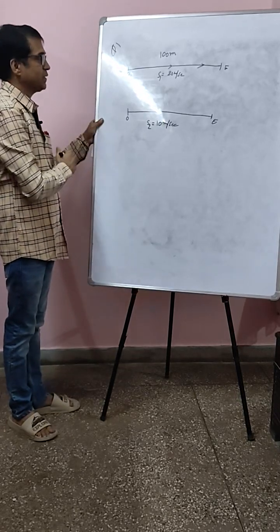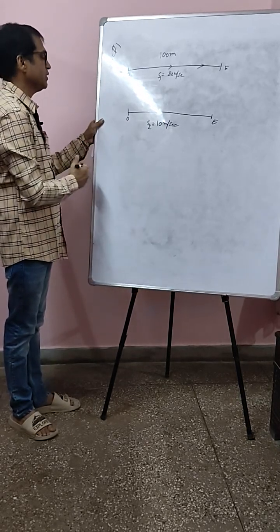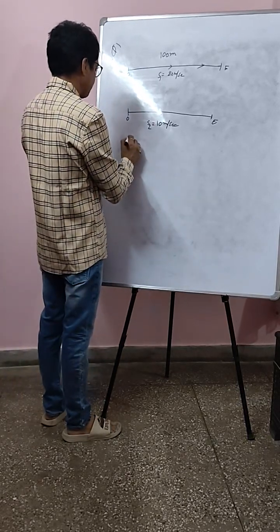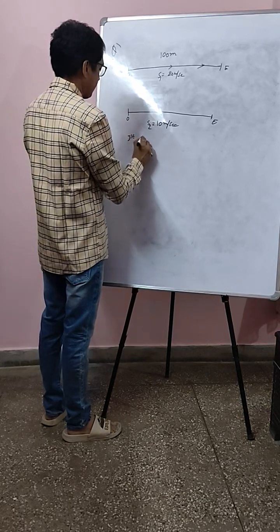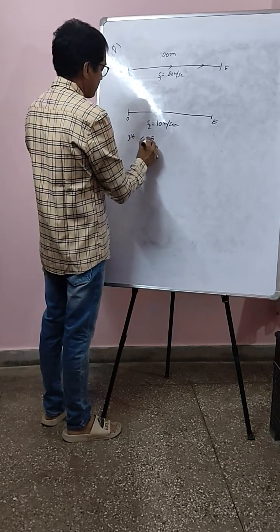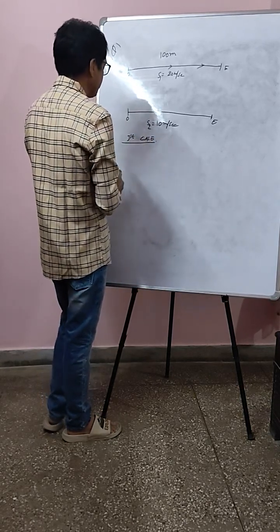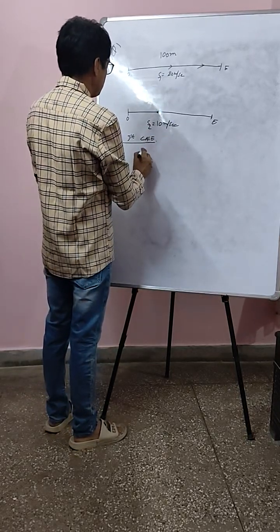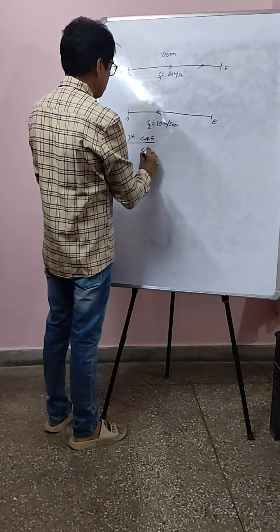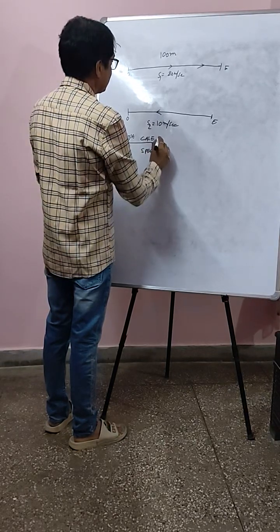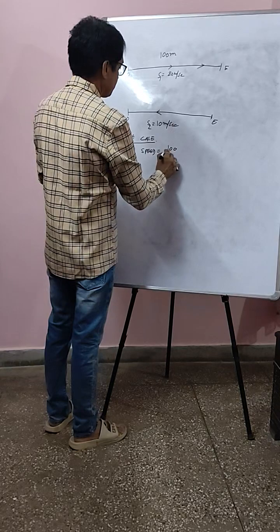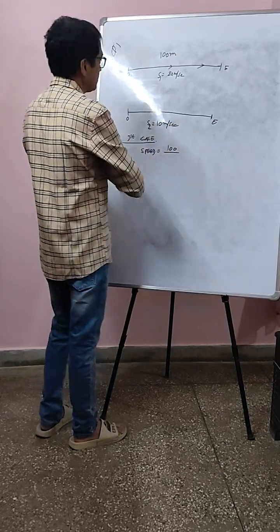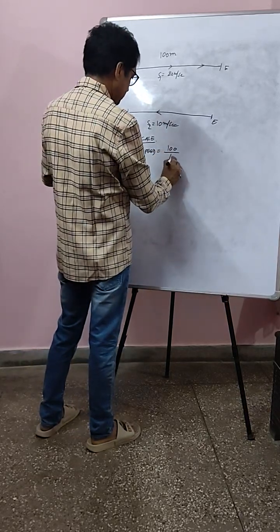So what is the time taken in the forward journey, and what is the time taken in the backward journey? First case: speed equals distance, 100 meters, upon time taken, and we have to find time T1.